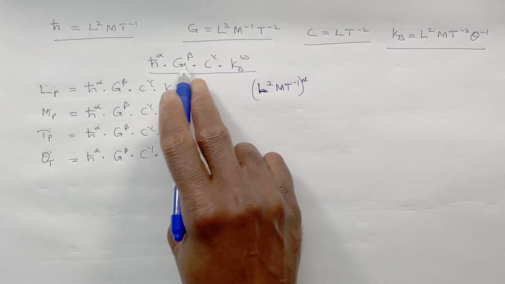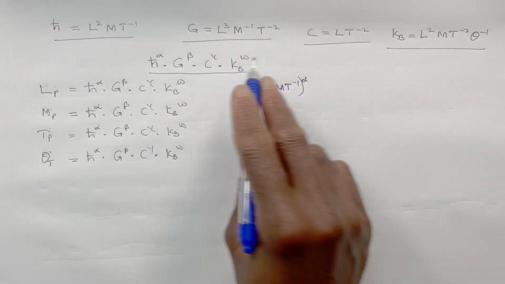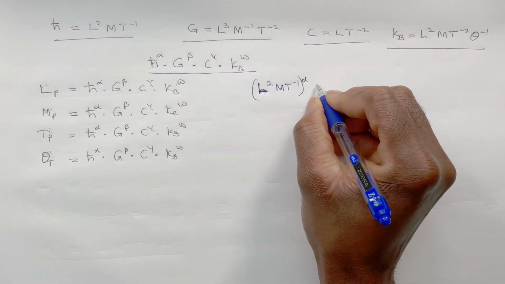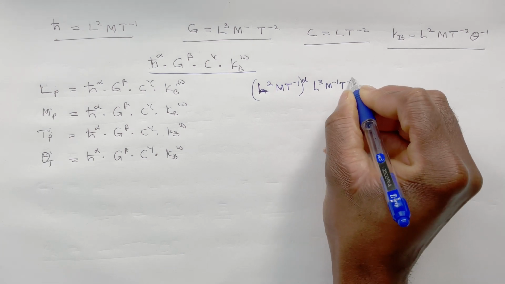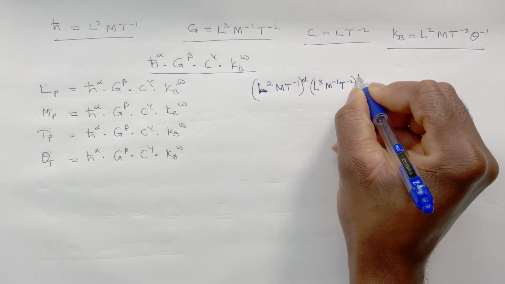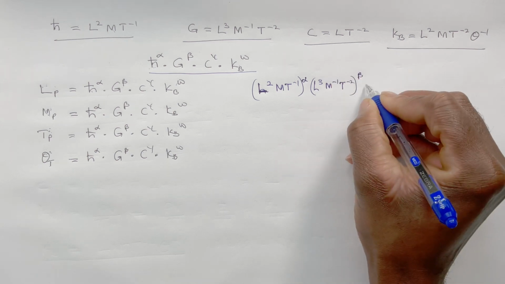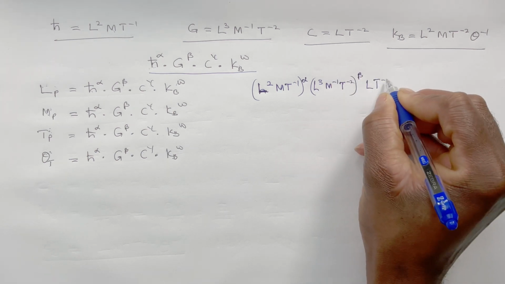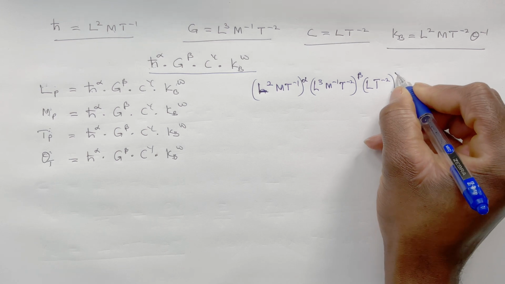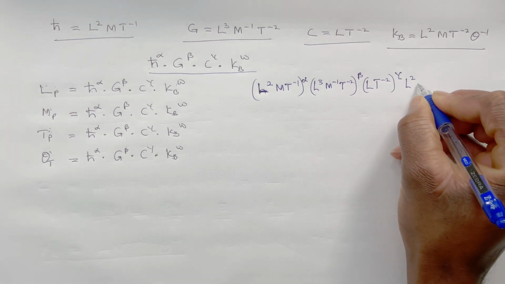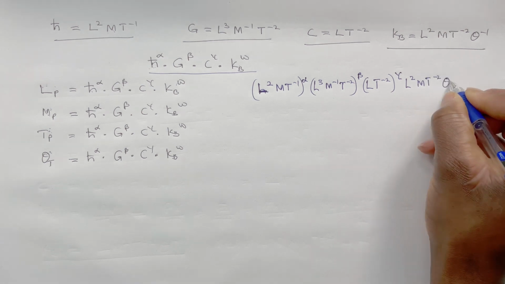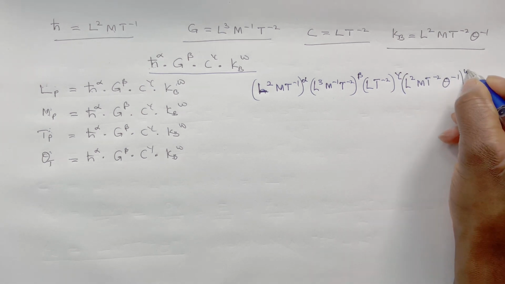And G will be L cubed, M to the power minus 1, T to the power minus 2, and that will be to the power beta. I'll do the same for C, which is L, T to the power minus 2, and that will be gamma. And finally, KB, which will be L squared, M, T to the power minus 2, theta to the power minus 1, all to the power omega.